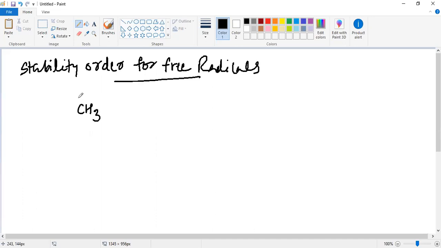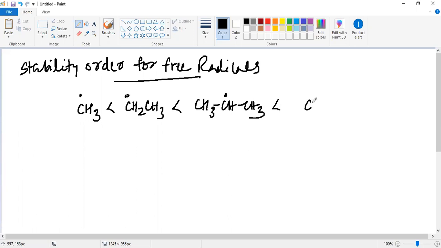We have various types of free radicals. This is methyl. Then we have the primary free radical. Then we have the secondary free radical, CH3, CH, CH3, or we may have the tertiary free radical, CH3C, CH3, CH3. This is the tertiary free radical.